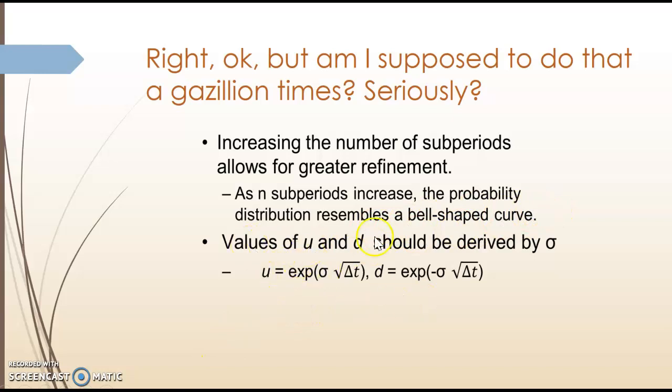So here you can see the values of U and D are derived from the standard deviation. Now we're going to move into continuous time here. U is equal to e to the x in your calculator, right? The standard deviation times the square root of the change in time, and the down movement is the negative of that.